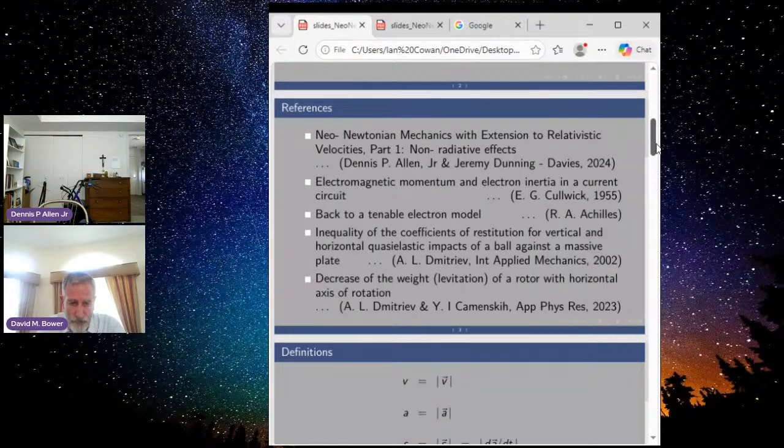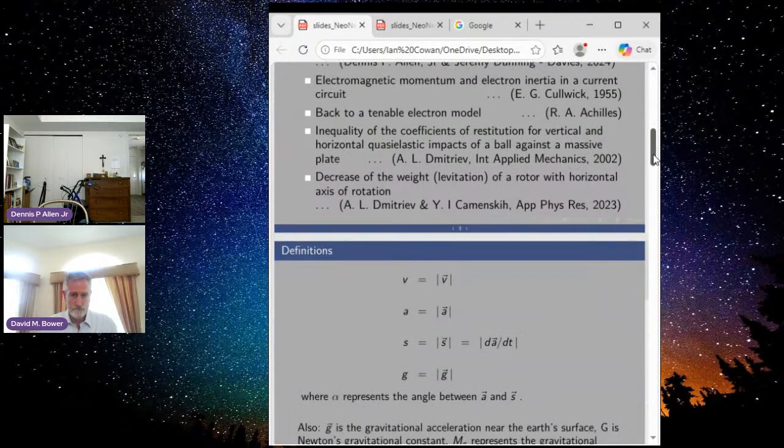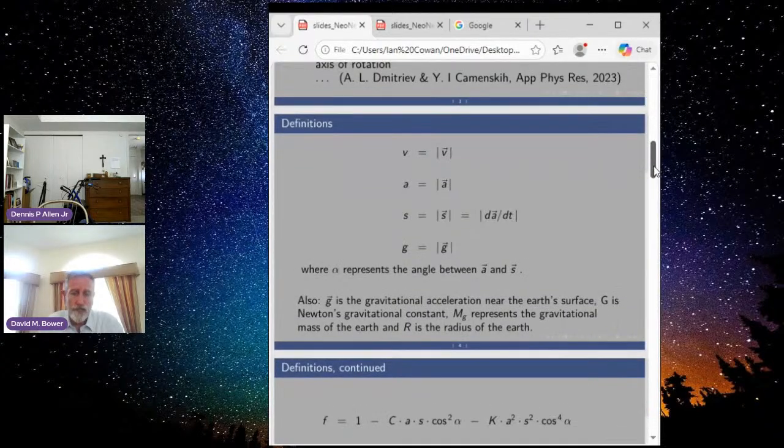Okay, scroll down to definitions. Here I've just given some definitions of different quantities. It should be pretty self-evident. V is just the magnitude of the velocity vector. A is the magnitude of the acceleration.